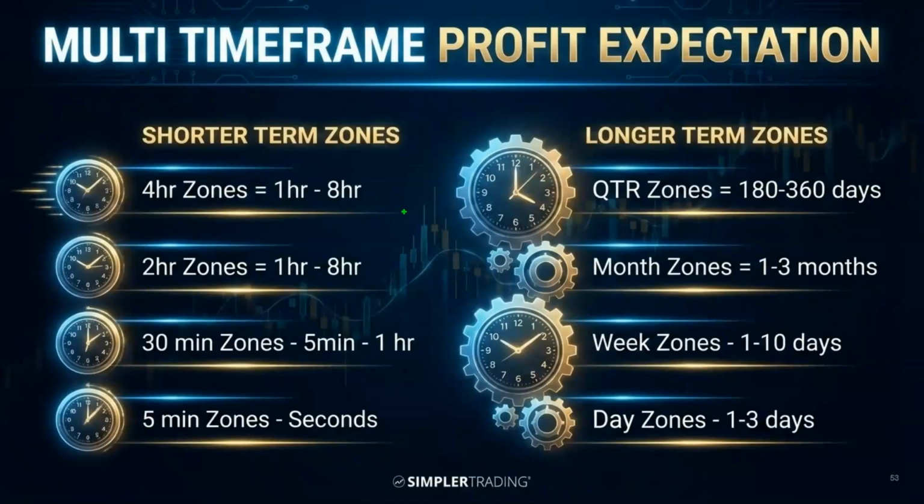I immediately know, okay, if the demand zone is from a weekly chart, I need to choose 2, 3, 4, 6 months to expiration to give that zone time to work.